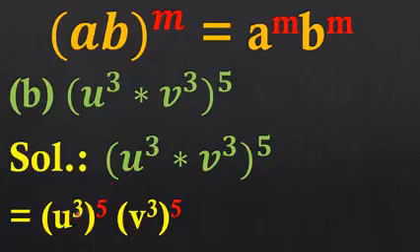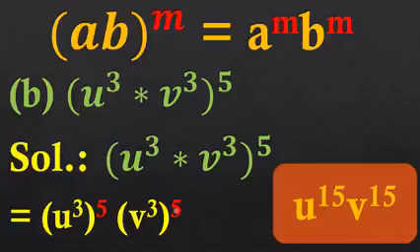So we have u raised to 3 times 5. Then we have v raised to 3 times 5. And 3 times 5 is equal to 15. Hence, the answer is equal to u raised to the 15th power, v raised to the 15th power. That is the third law of exponent.